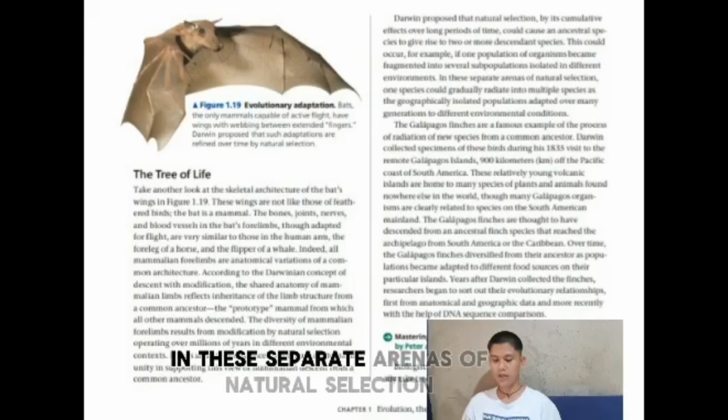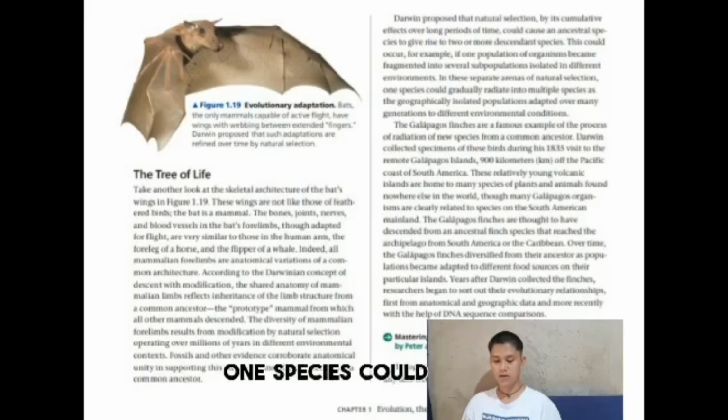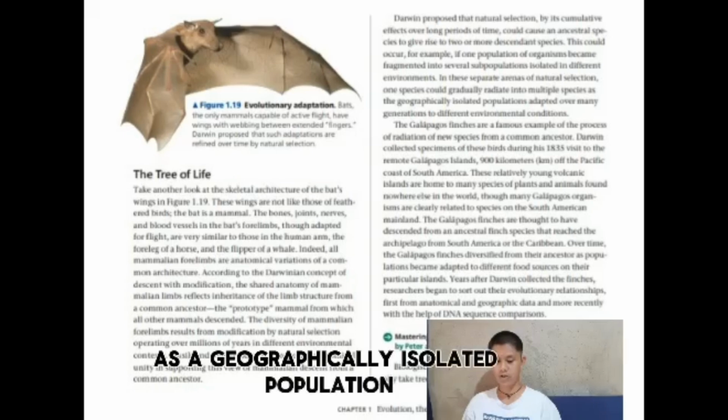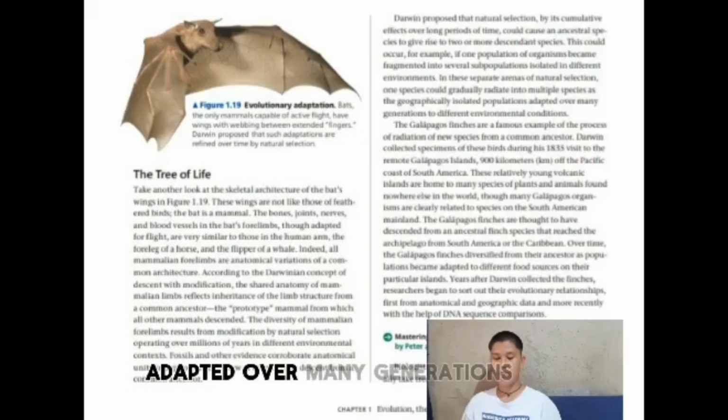These are separate arenas of natural selection. One species could gradually radiate into multiple species as a geographically isolated population adapted over many generations to diverse environmental conditions.